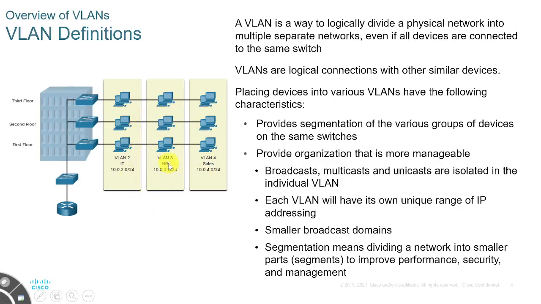having some characteristics. Okay, the first characteristic is that it provides segmentation, which means that we divide a network into smaller segments. For example, this whole network, we divided it into these segments, so it means a group of virtual LANs, a group of devices on the same switches, as you see.